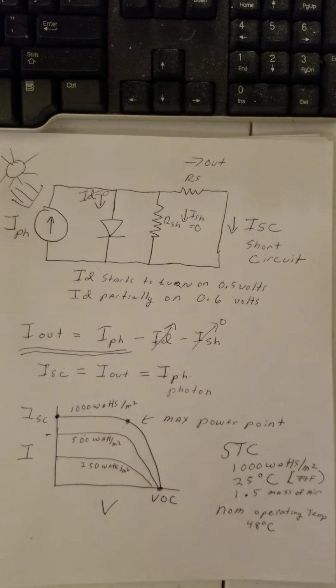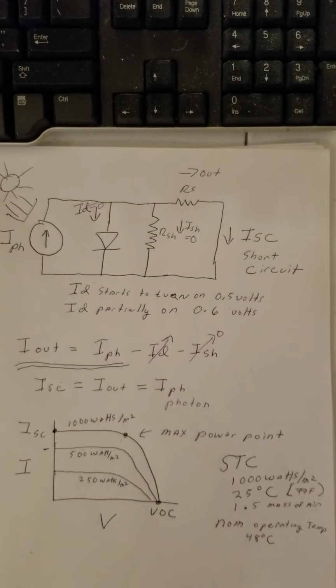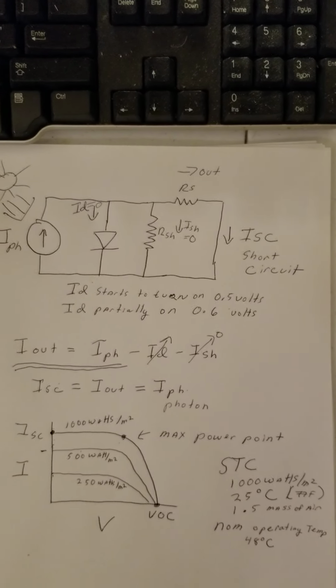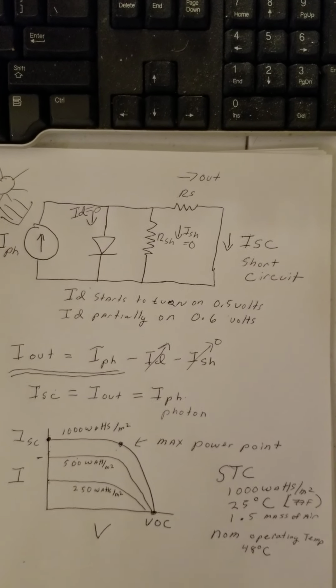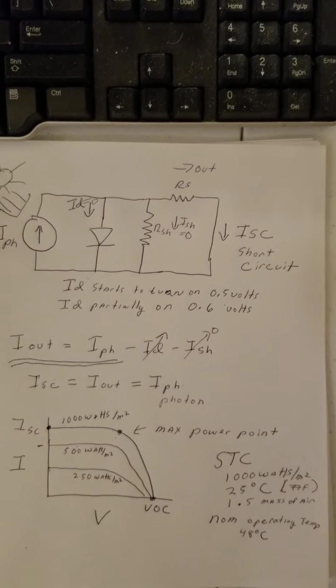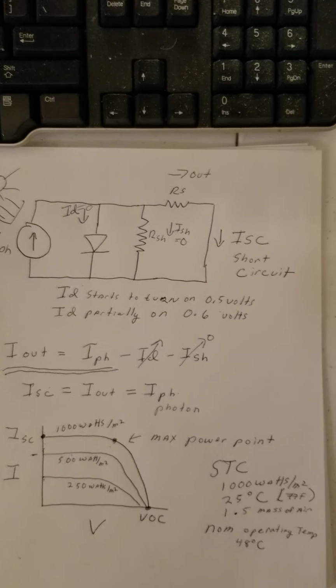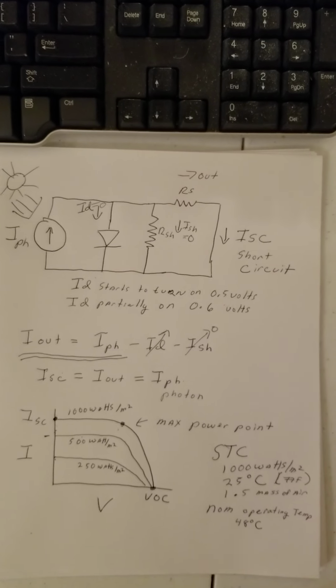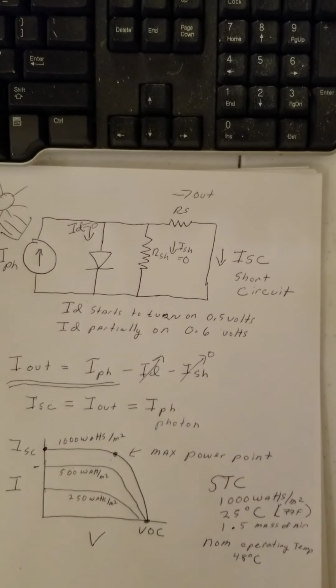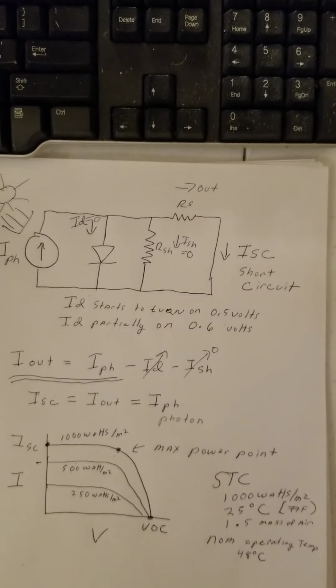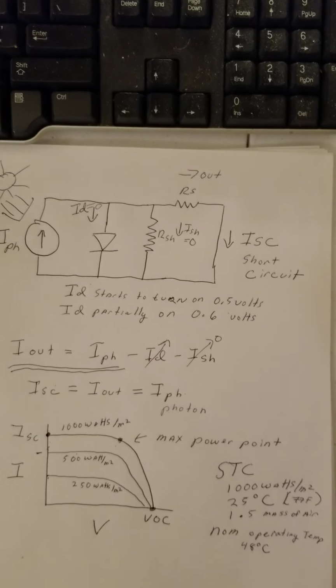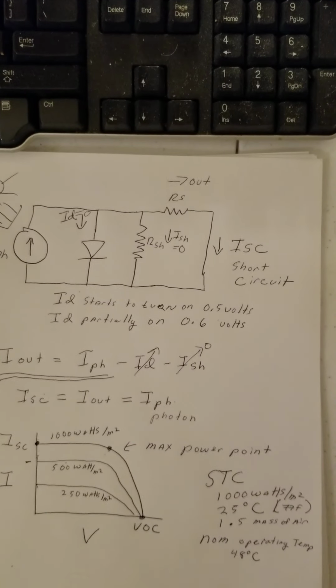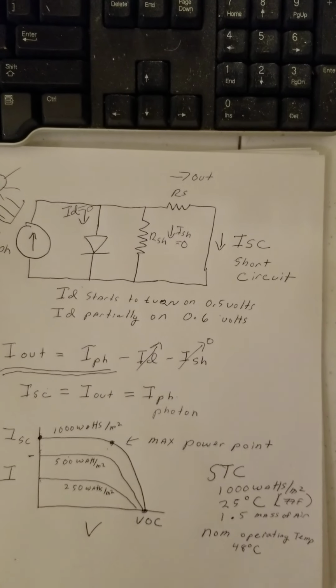I haven't gotten to this part yet, but standard test conditions for a solar panel, STC, assumes 1000 watts. The solar cell temperature is 25 degrees C, or 77 degrees F, and the atmospheric mass, or thickness, is 1.5.